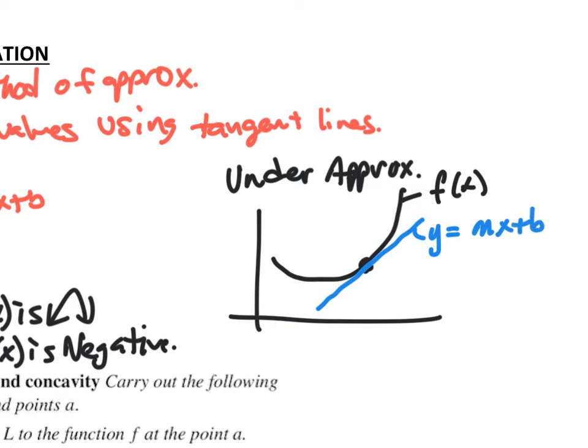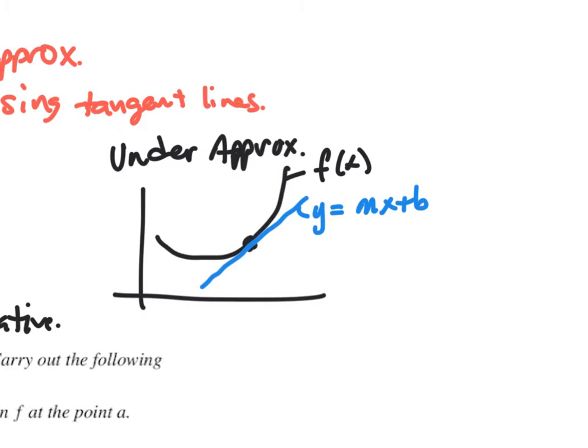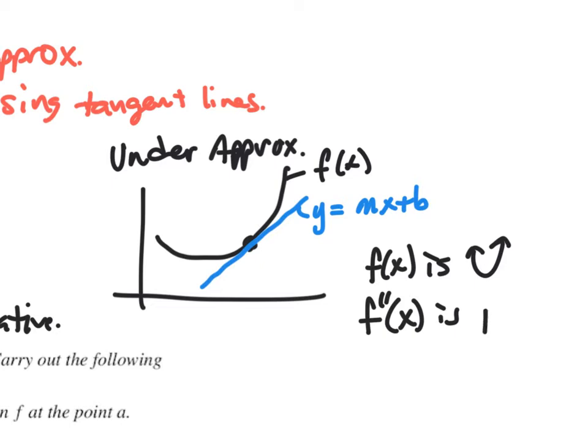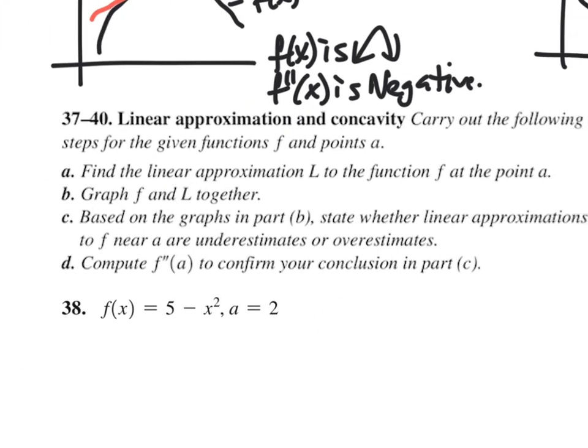We can easily see that if we have a concave up function, the values on our line are going to be less than that. So we have an under approximation if f of x is concave up, and a function is concave up if the second derivative is positive. Let's use that information to answer some questions.